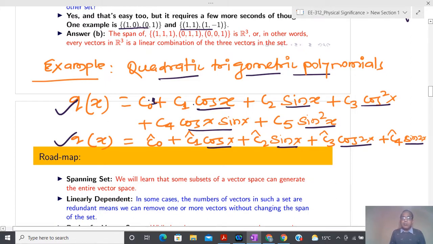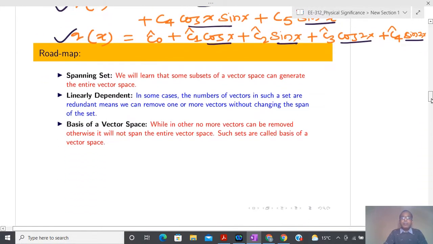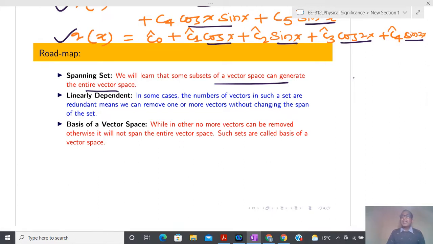Okay, let us see some more terminology, then things become more clear. So what is the roadmap of today's lecture? What we have seen is a spanning set: we will learn that some subset of a vector space can generate the entire space. So if we are considering the two-dimensional space, there is no need to worry about all the vectors. If you just take two vectors, that is 1 0 and 0 1, or 1 1 and 1 minus 1, we have seen that using two different subsets I can generate the whole space.